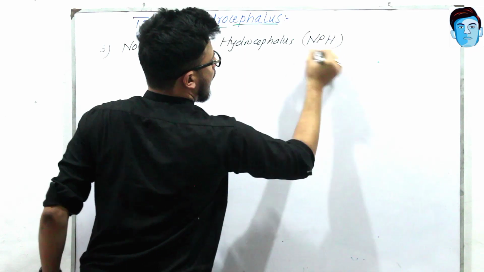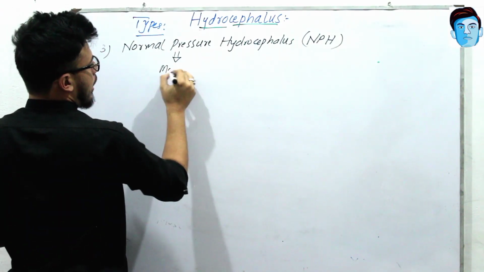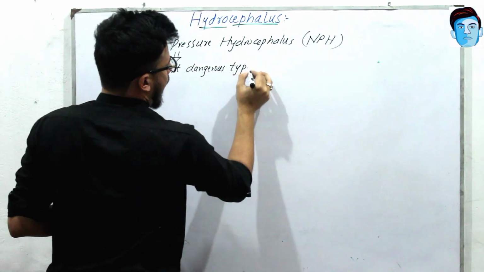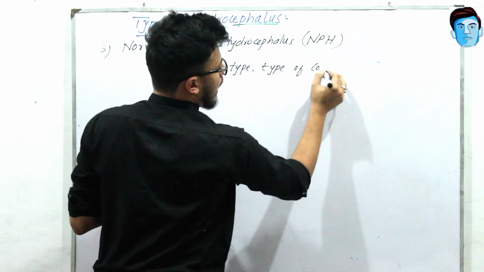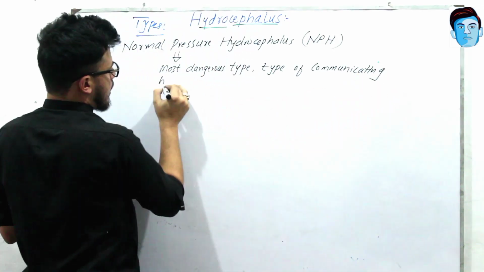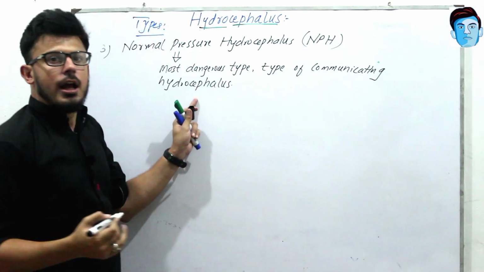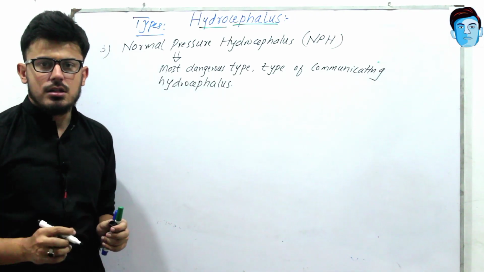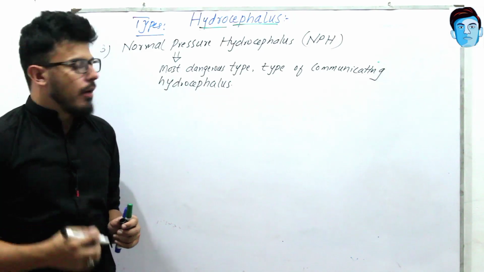Normal pressure hydrocephalus is a dangerous type, and it is actually a type of communicating hydrocephalus. It means that the ventricles are communicating and the outflow is normal, but the only problem is that there is either excessive production of CSF or impaired absorption of CSF, which leads to the enlargement of the ventricles.